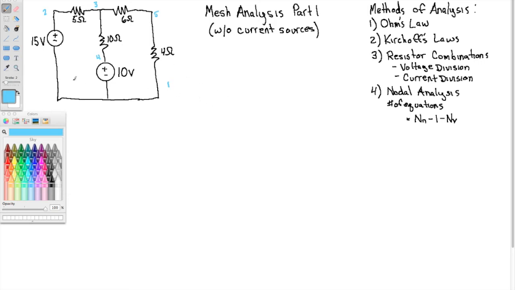So that's certainly an option. But sometimes if we have a lot of nodes and not a lot of voltage sources, this is going to get messy fast. And so a different method of analysis, the dual actually of this, is mesh analysis. So this is kind of 4A and 4B, mesh analysis, and that's the topic of this lesson.